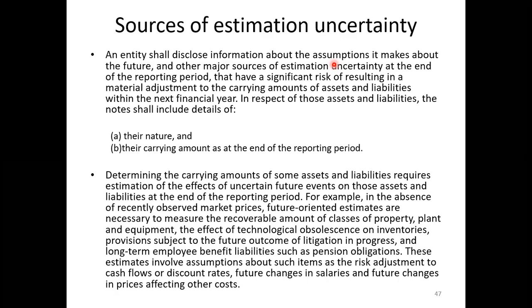In respect of those assets and liabilities, the note shall include details of their nature and their carrying amount as at the end of the reporting period. Determining the carrying amount of some assets and liabilities requires estimation of the effect of uncertain future events on those assets and liabilities at the end of the reporting period.